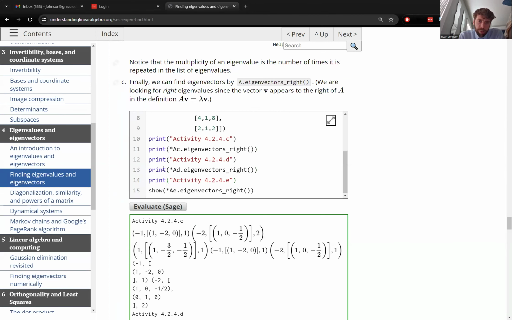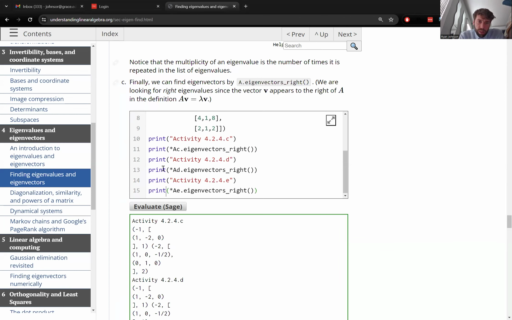The printing and the showing is coming up at weird places, so now I change those back to show.